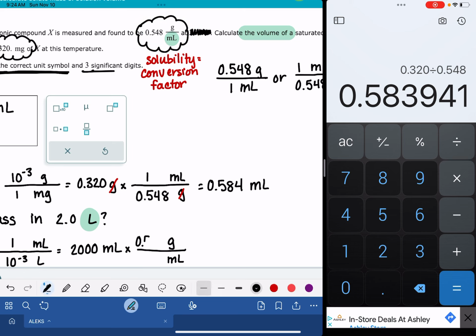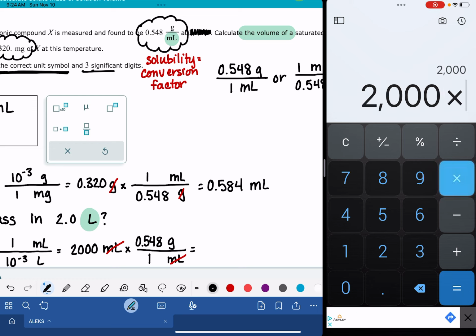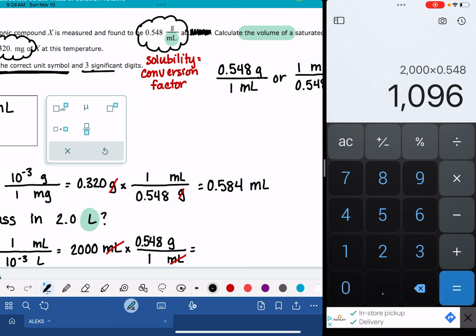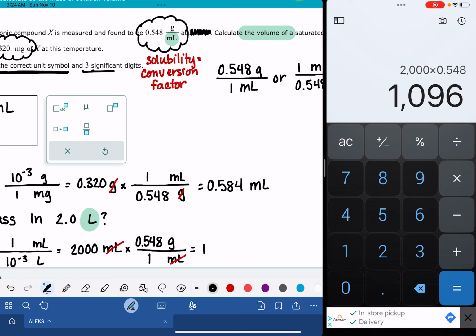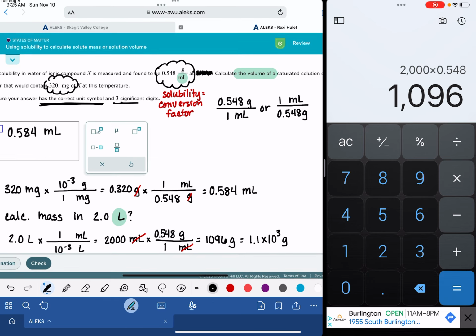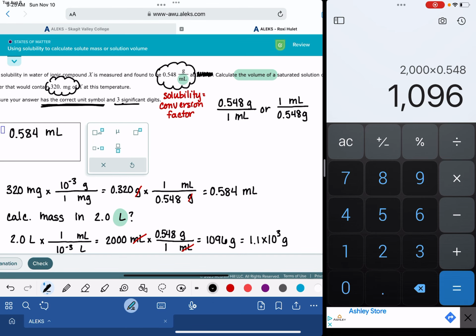So that is 0.548 grams per milliliter, and those milliliter units will cancel, and then we get 2,000 times 0.548, which is 1,096 grams. ALEKS would probably want this to 2 sig figs. So that would be 1.1 times 10 to the 3rd grams. And we want to make sure that you're, again, including the unit symbols for this problem.